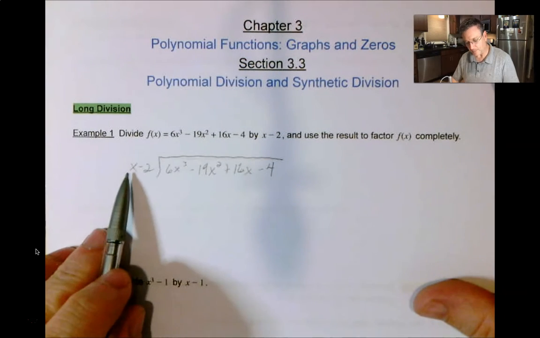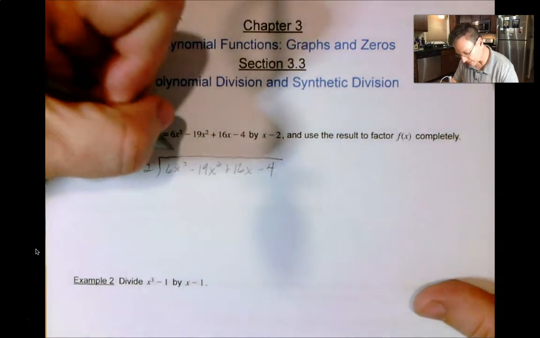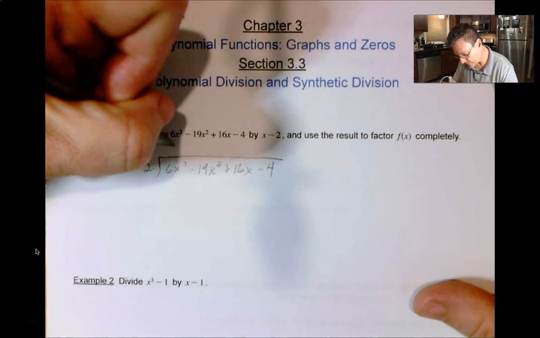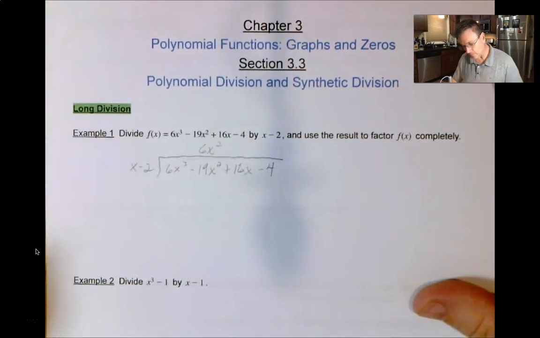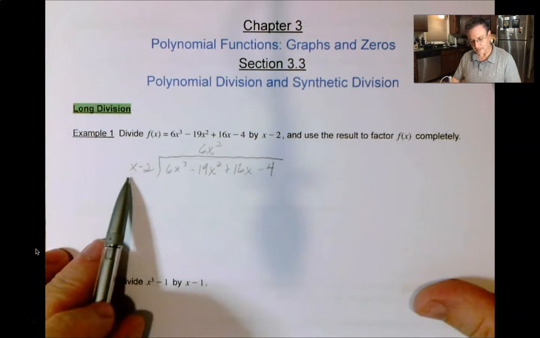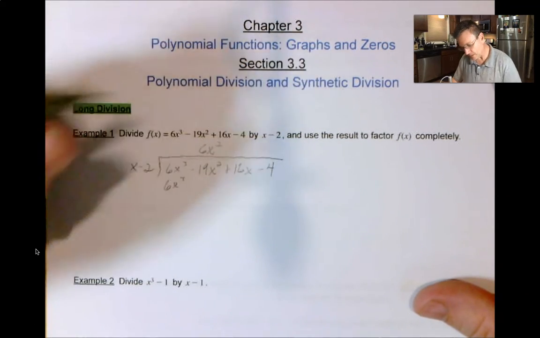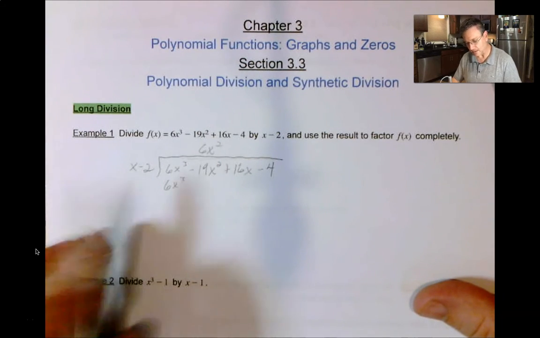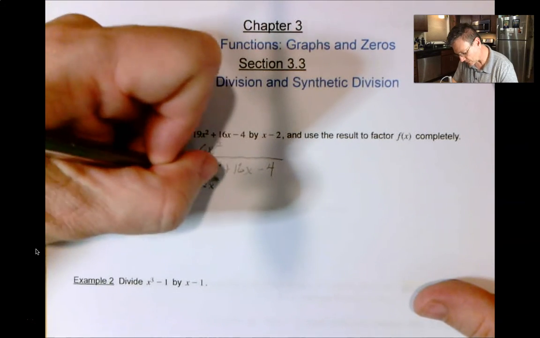Alright, what do we multiply x by to get 6x cubed? We have to multiply it by 6x squared. So 6x squared times x is 6x cubed. 6x squared times negative 2 is negative 12x squared.